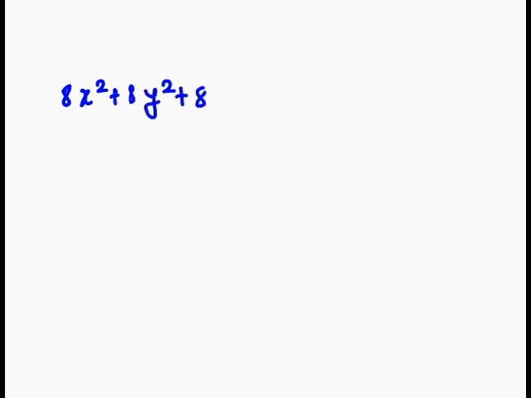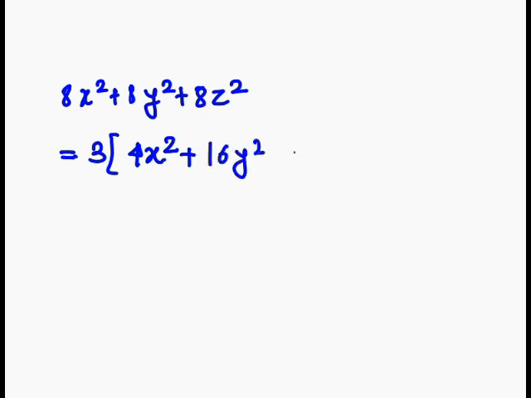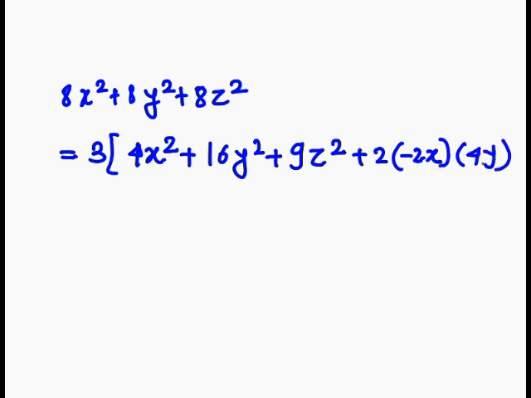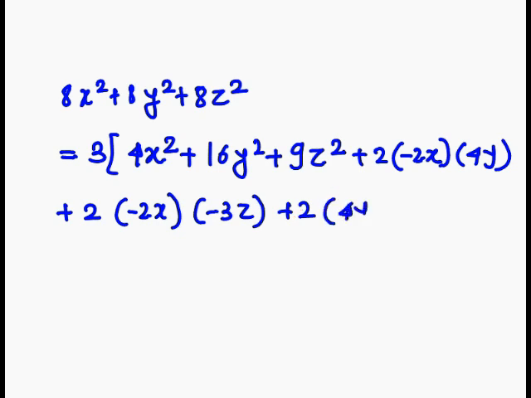So by simplifying, we get 8x square plus 8y square plus 8z square is equal to 3 times the square of the first term, that is minus 2x square, is 4x square, plus square of the second term, that is 16y square, plus square of the third term, that is 9z square, plus 2 times the first term into the second, that is 4y, plus 2 into a into c, that is minus 2x into minus 3z, plus 2 into b into c, that is 4y into minus 3z.